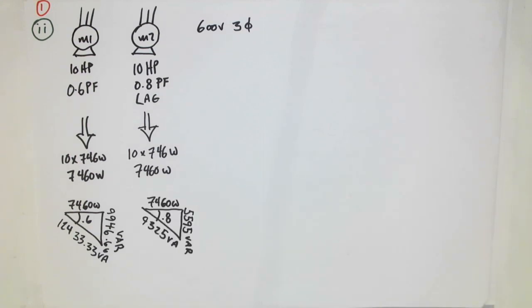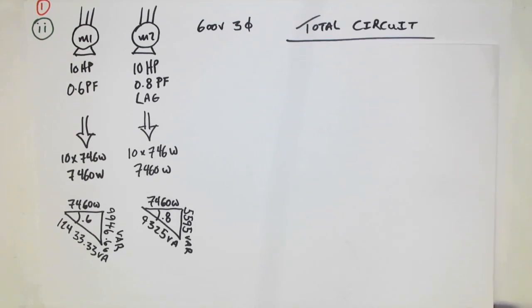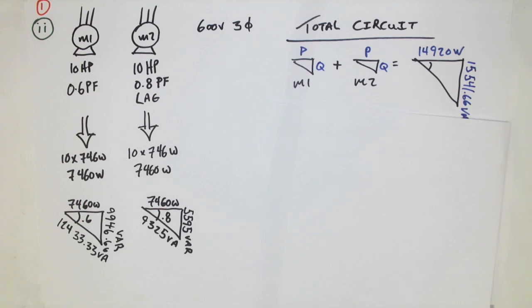If we look at the synchronous motor, of course, there's now going to be a vertical component, and that's because we're running in a deficit or a lagging power factor, which means also that the VA increases. If we then take a look at the total, we're going to use the same approach as we did on the previous example. We're going to build a large power triangle, and that power triangle is for the entire circuit.